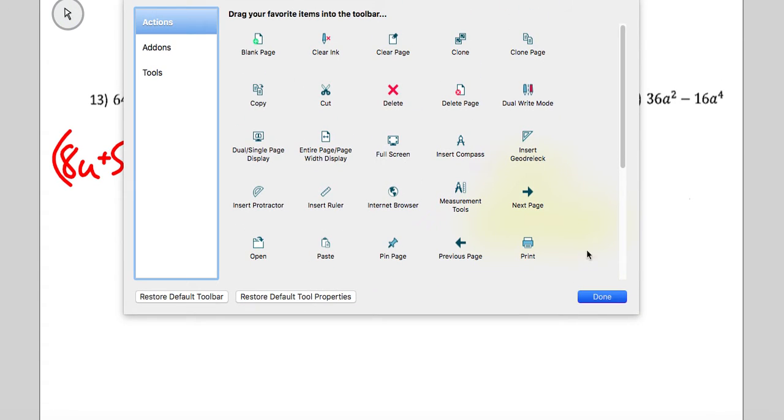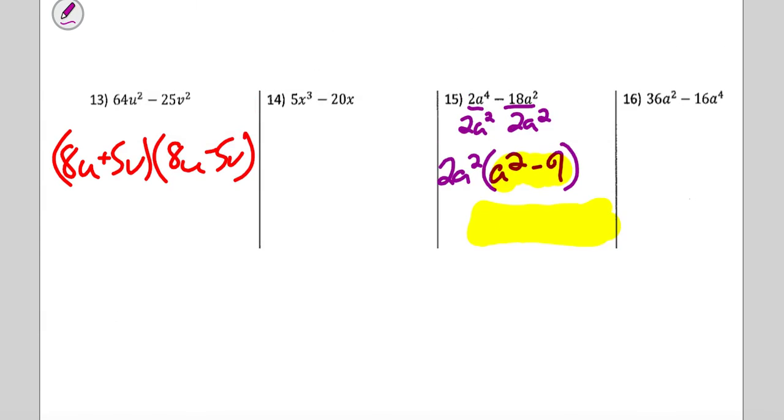So, square root of a squared is a, square root of 9 is 3. But make sure you bring that down. It's not correct if you forget to bring that down. So the important factor is these two things over here.